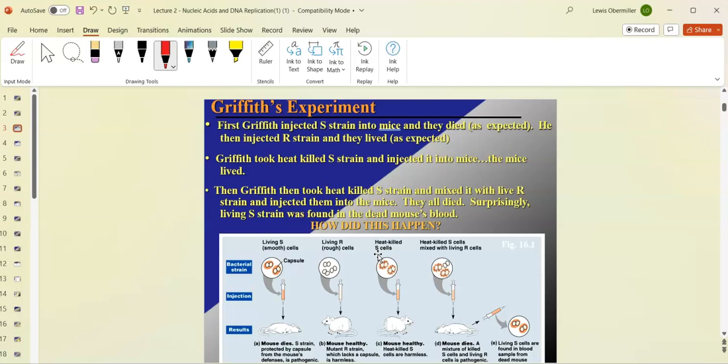Okay, so what's going on? And Griffith was like, okay, well, there's really only two explanations. One is the bacteria, which were S strain, which were dead, were resurrected, right? They came back to life.